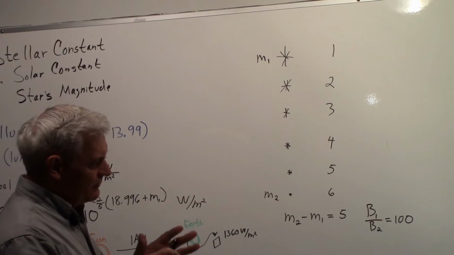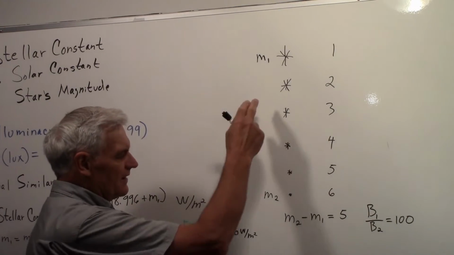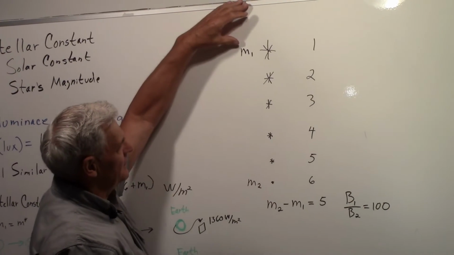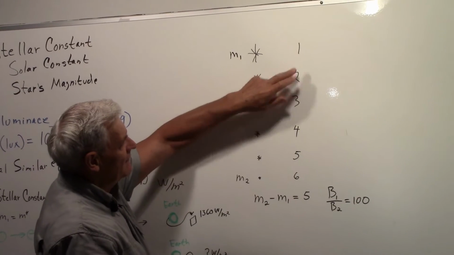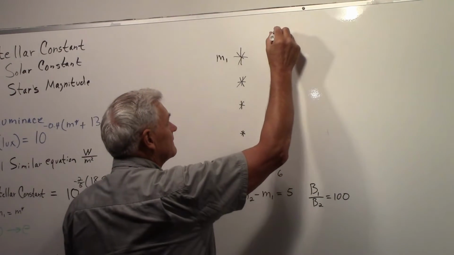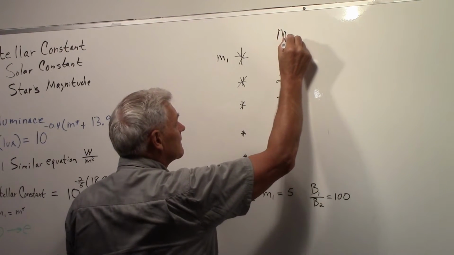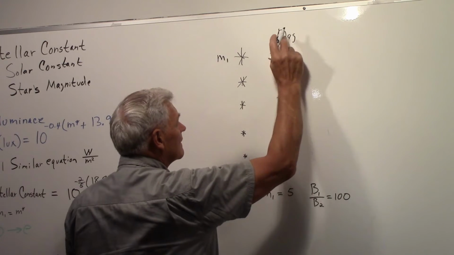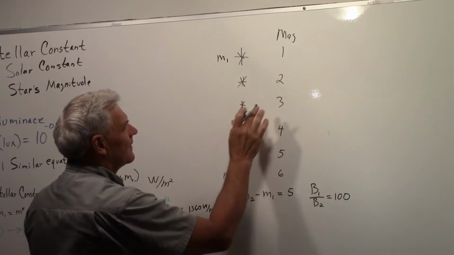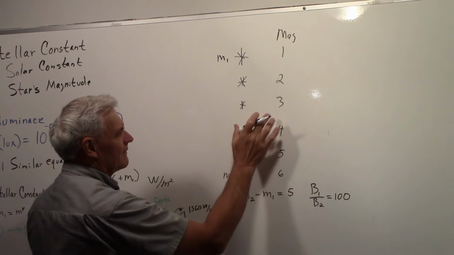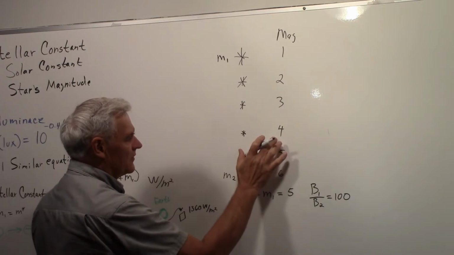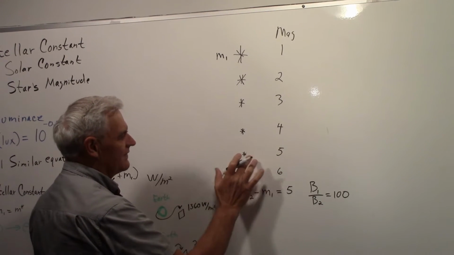To develop the equation we want to get to, let's just say a little bit about stellar magnitudes. Let's suppose we have a star of magnitude 1. It's bright. Magnitude 2 is a little fainter. Magnitude 3 is fainter yet. Magnitude 4 is fainter. And magnitude 5 is fainter.